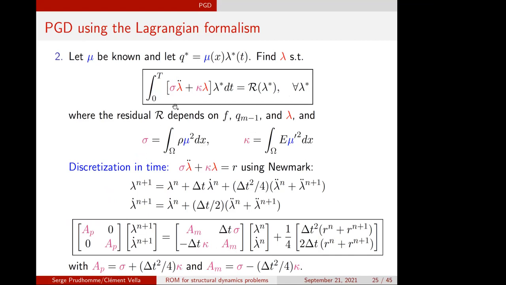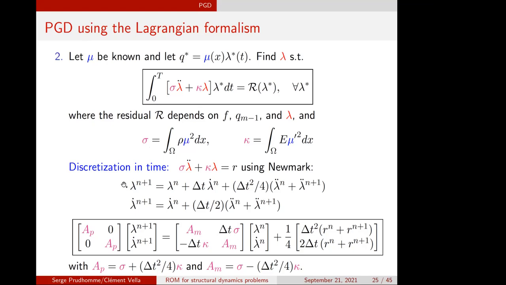This is the problem that we obtain. Again, it's a problem in time, and the coefficients can be computed easily using the solution mu. Here we have kappa, the term with respect to the rigidity, which is basically the K matrix that we obtained before, and sigma, the one with respect to the mass matrix.